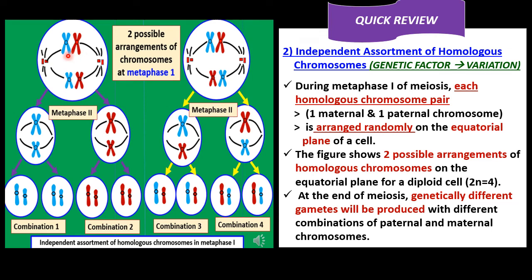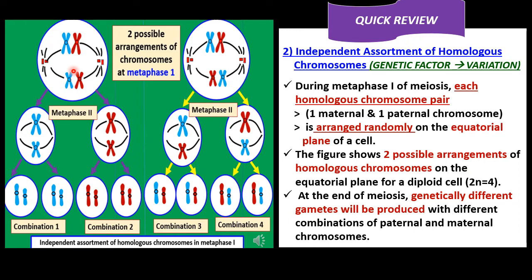The way it's arranged is independent of the arrangement of other pairs of homologous chromosomes, like this second pair, which is a shorter pair. So that's what it means by arranged randomly, and by independent assortment of homologous chromosomes.